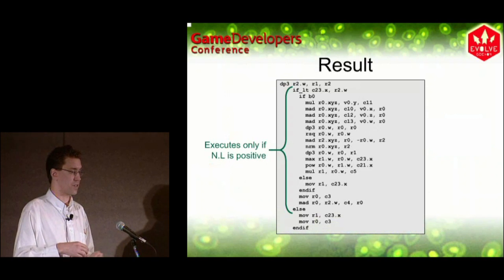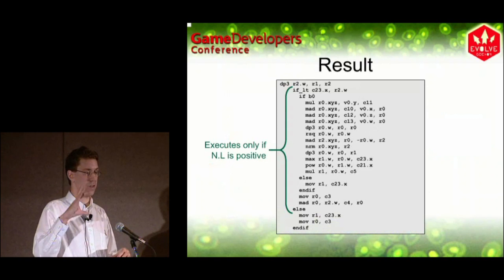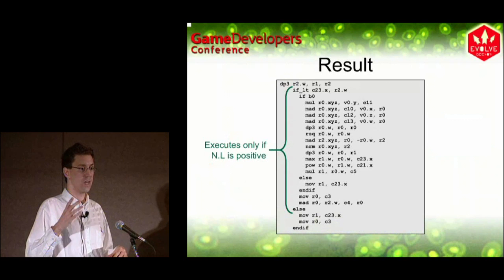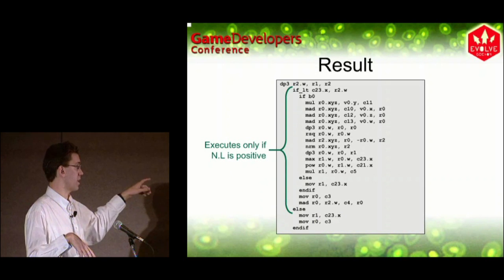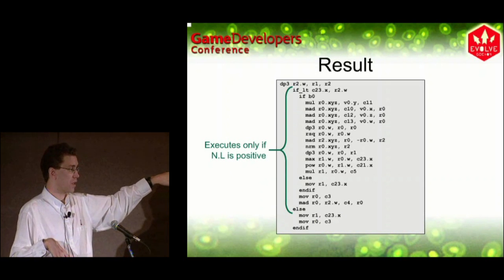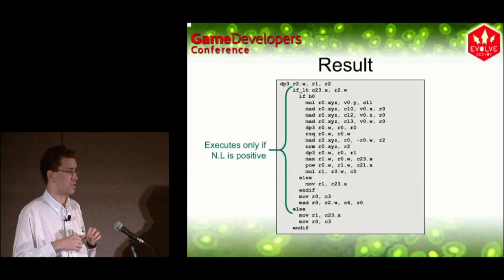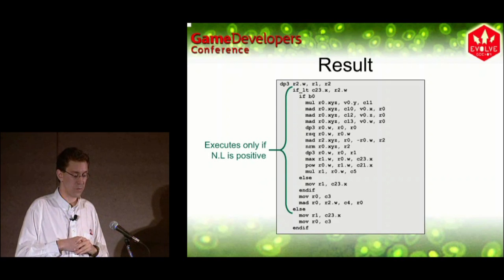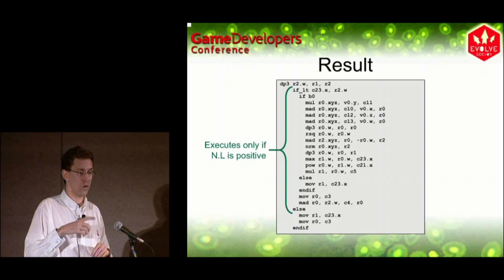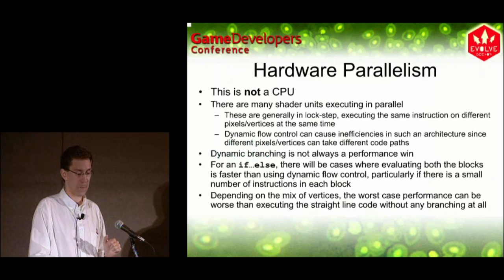In this particular case, because the code inside that you would skip over is complex enough, the HLSL compiler will generate an if LT instruction up there. That's one of those dynamic flow control instructions you see in the code. And so that will conditionally jump over all that computation based on whether the Lambertian term is non-negative.